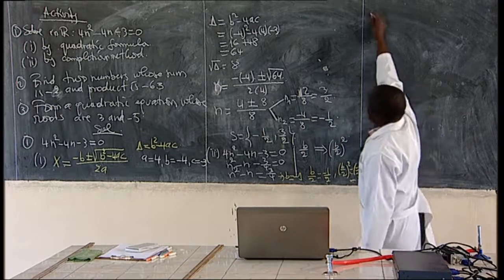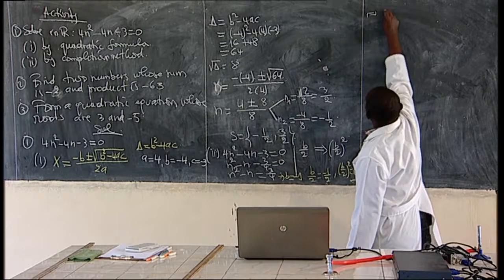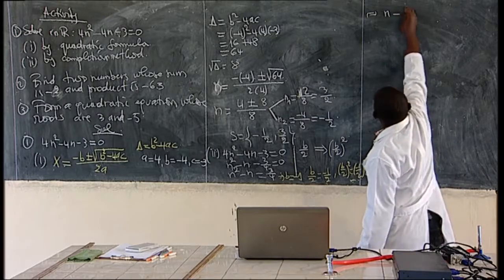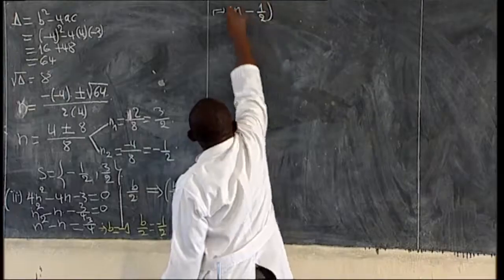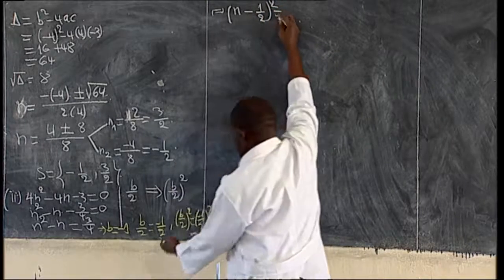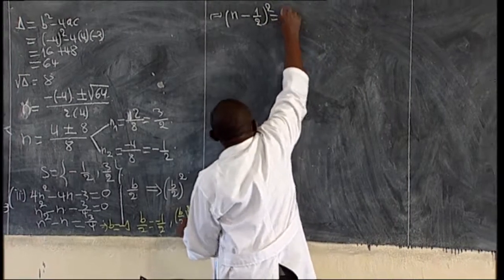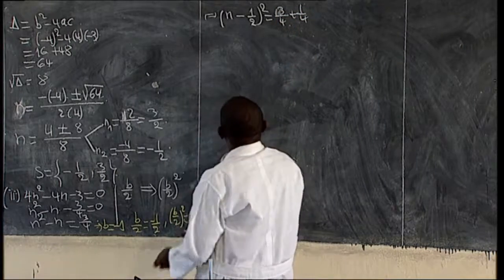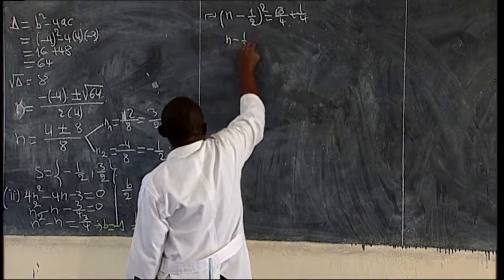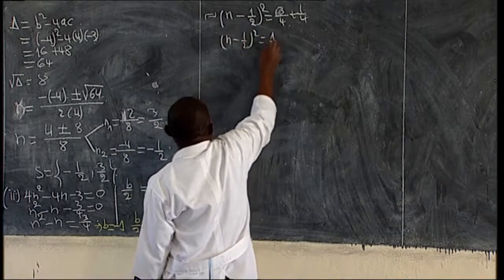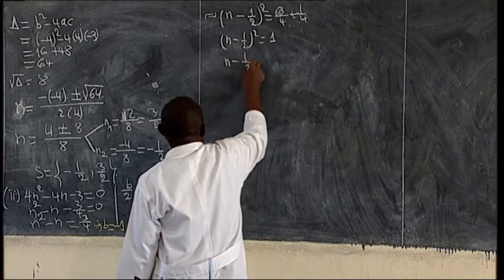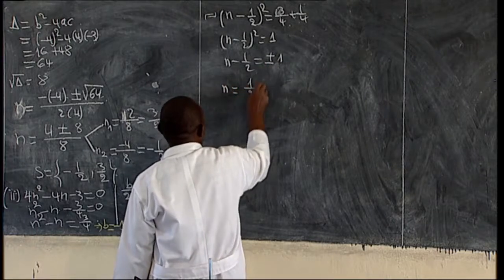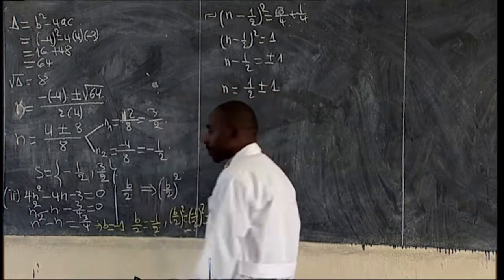So, solving my equation, I have n plus b divided by 2, which means n minus 1/2, squared, equal to 3 divided by 4 plus 1 divided by 4. This is n minus 1/2 squared equals 1, which means n minus 1/2 is equal to plus or minus 1, and n is equal to 1/2 plus or minus 1.